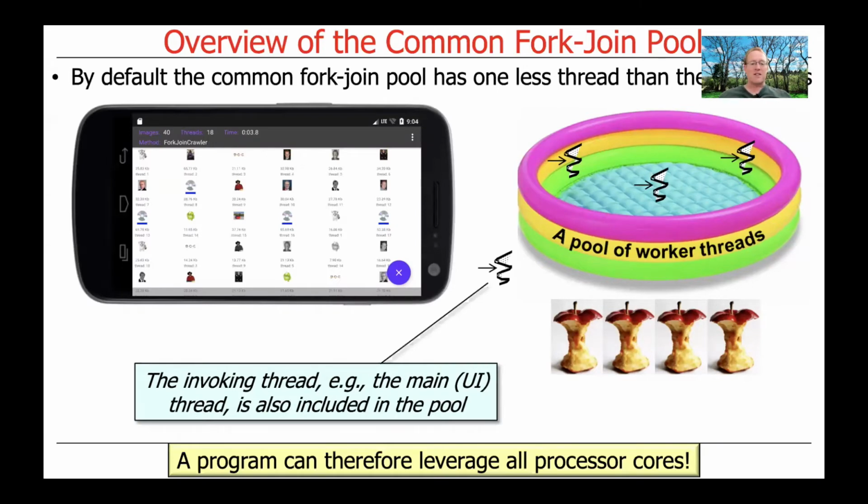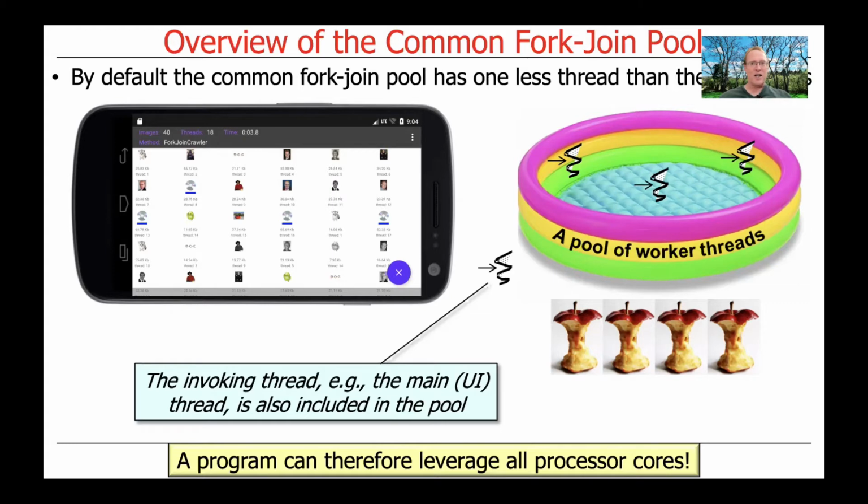And the reason for this is that the thread that's used to invoke the processing of the fork join pool, common pool, will also be used to perform parallel computations. So the calling thread, which could be the user interface thread or the main thread or just whatever thread is the one that starts the wheels in motion, will also be included in the pool along with the other threads that are part of the common fork join pool.